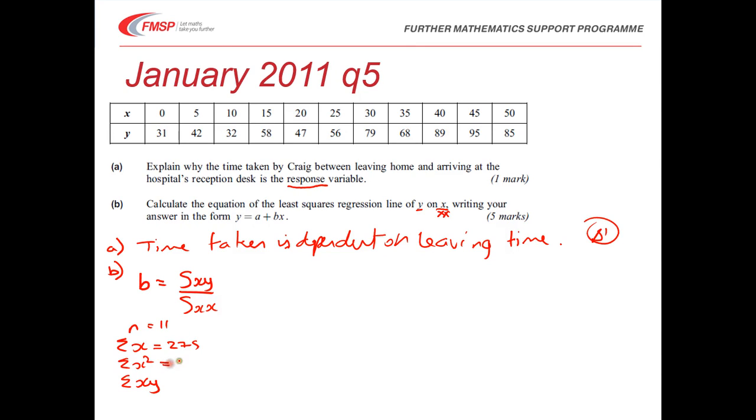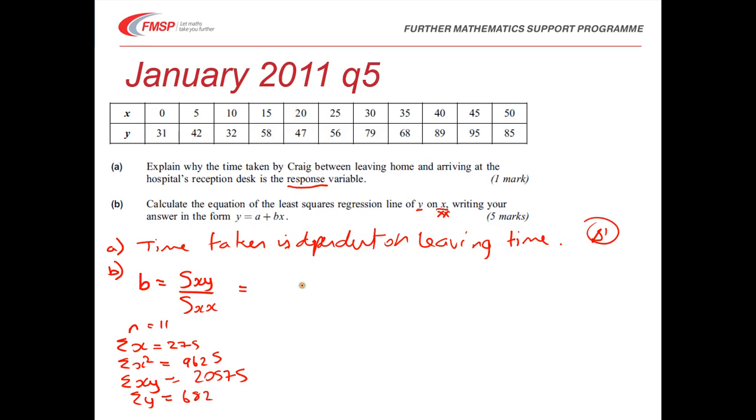If you add up all your squared data, that gives 9625. You need to add up your y data as well, so the sum of y is 682, and the sum of xy is 20575. We don't need sum of y squared for this.